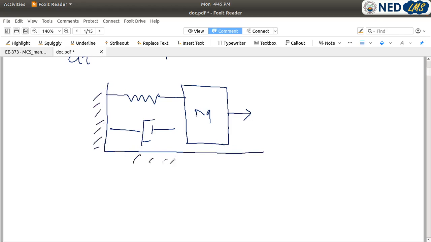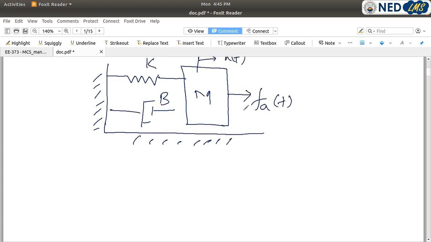This is the reference. Values are B, K, and M. Now writing the equation of motion.